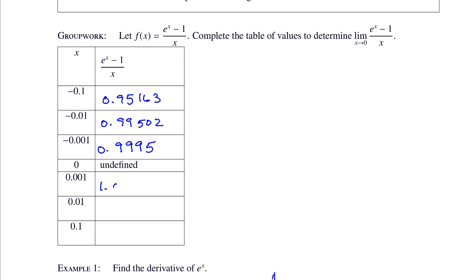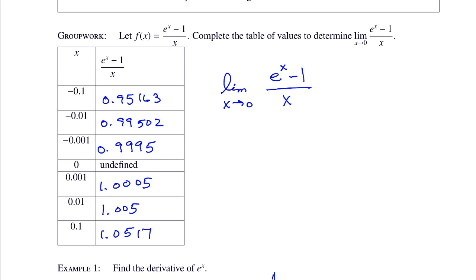On the other side, 1.0005, 1.005, and then 1.0517. So the limit as x goes to 0 of e to the x minus 1 over x.